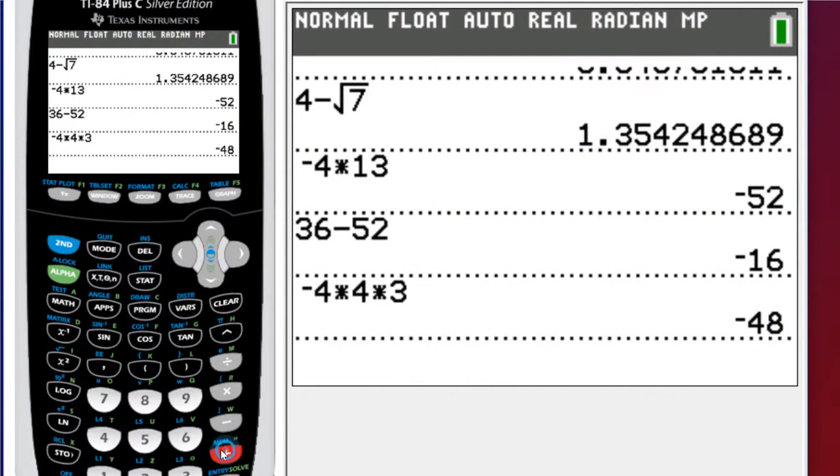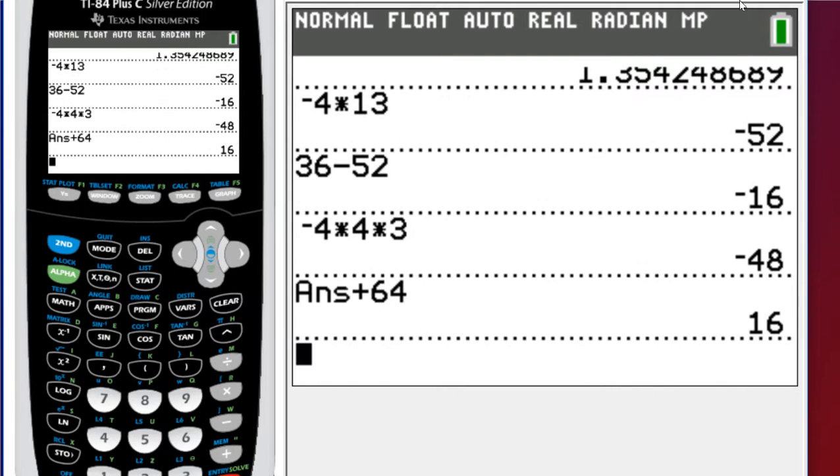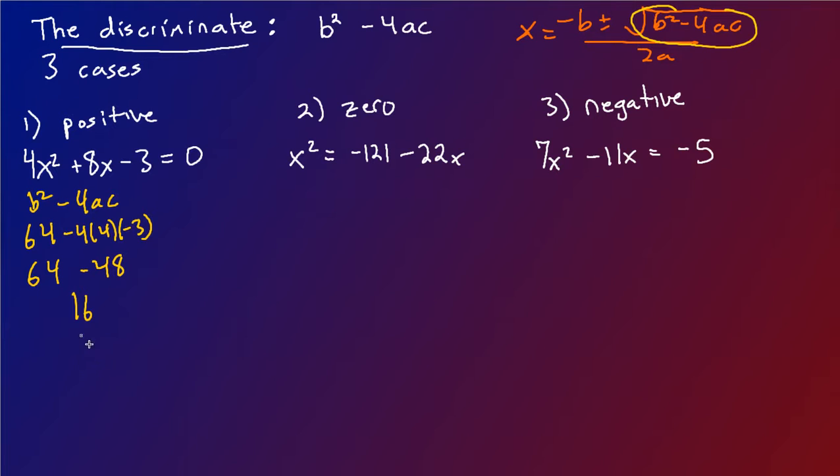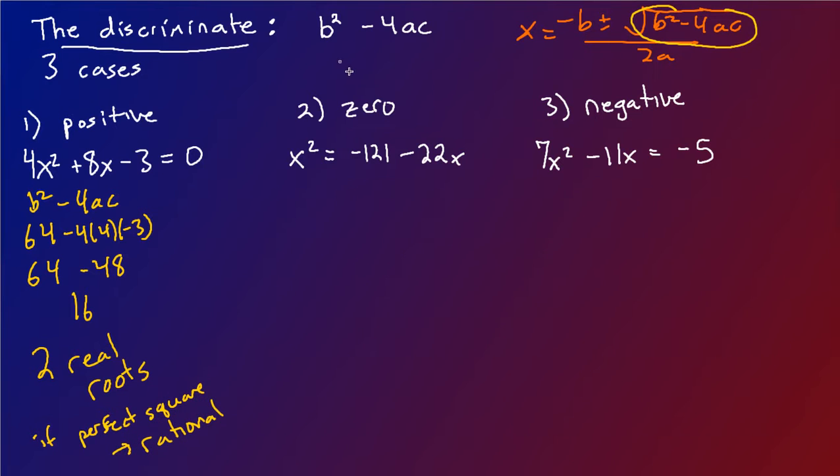So I'll go ahead and combine that with the 64 and get 16. Okay, so 16. What this means is I have 2 real roots. And if this is a perfect square, which in this case it is, then not only are they real roots, but they are rational roots, meaning I can actually do that square root.